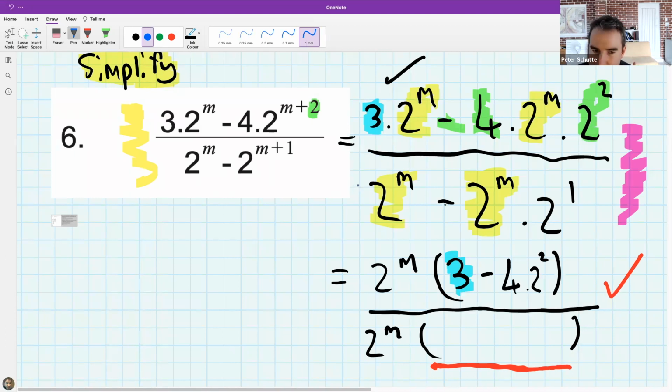Well, actually, there is something there. There's always a 1 in front. And so if I want to say 2 to the m times what gives me 2 to the m, it's just going to be 1. And then what is left behind on the other one, it's just going to be this and this, which is minus 2.